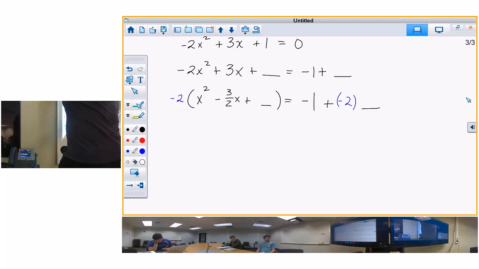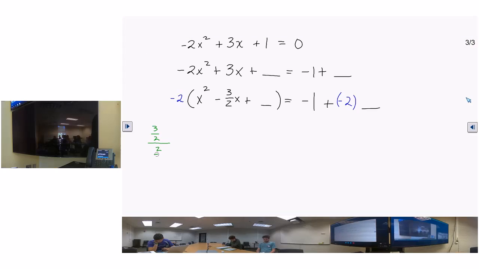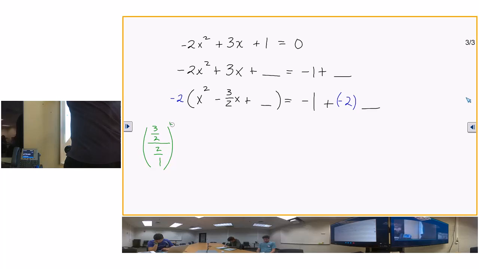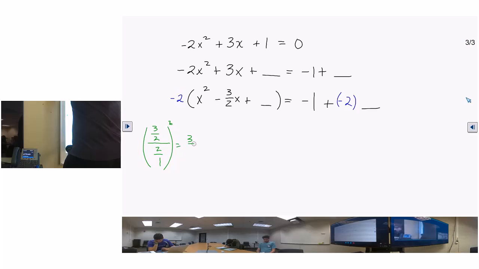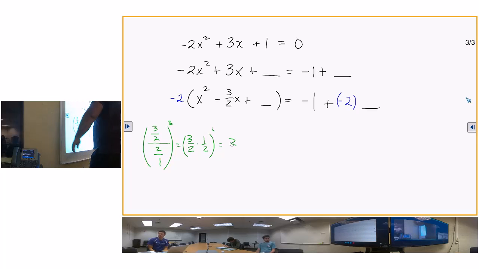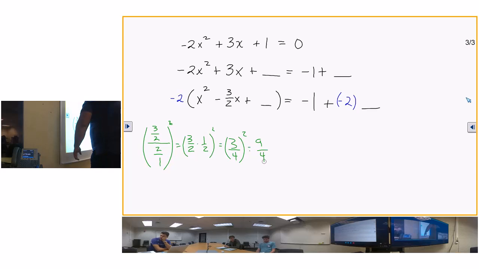So I'm going to take B, divide by 2, and square it. So when you divide by a fraction, you multiply by what? Now I want you to tell me how that was difficult.